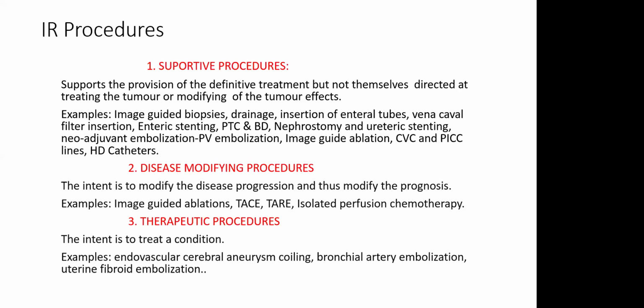And then we have neoadjuvant embolization, like portal vein embolization, where the hepatobiliary team has to do dissection, and we embolize one of the veins, the portal vein, so that we can encourage growth of the remnant liver. We also have ablation, CVC insertion, PICC, and hemodialysis catheter.